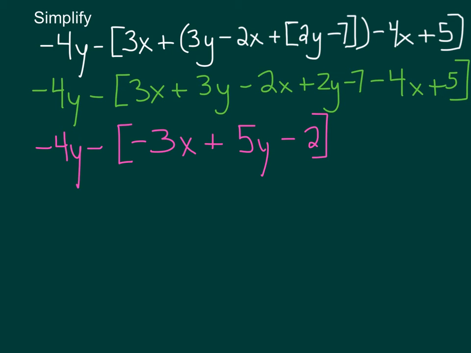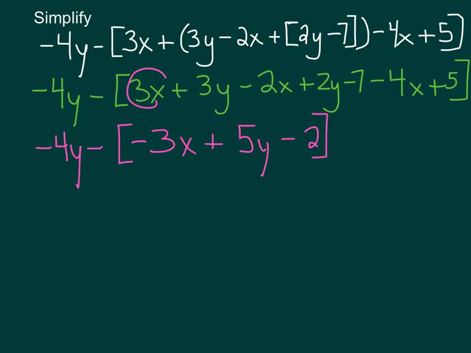Okay, so inside here there was a lot going on, but I had the 3x and minus 2x and a minus 4x, which gave me negative 3x. I had a 3y plus 2y to give me 5y, and I had a negative 7 plus 5 to give me a negative 2.